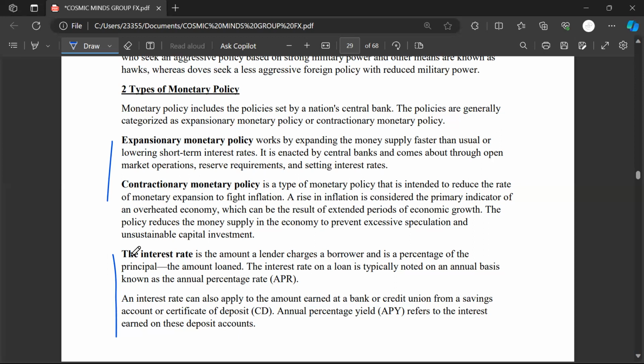That is called the interest, and the rate is calculated in percentage. It's as simple as that. You borrow money and you have to pay some additional money on top of it, and you pay that in total.